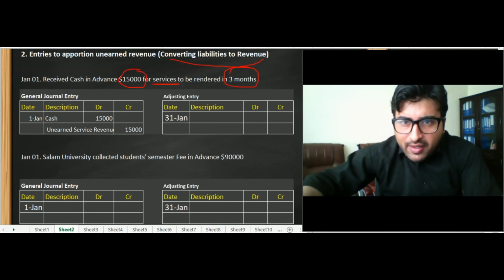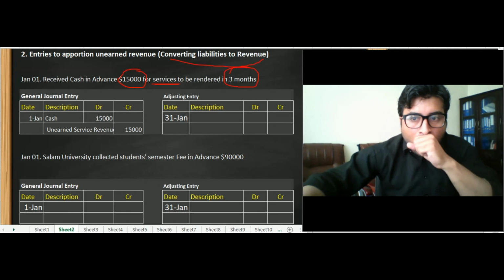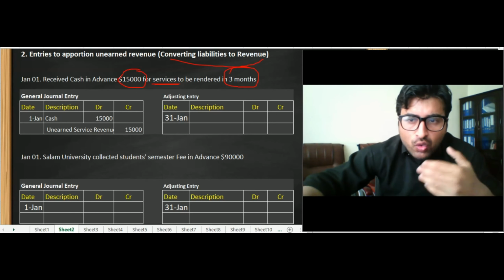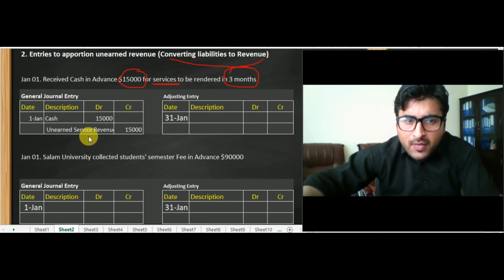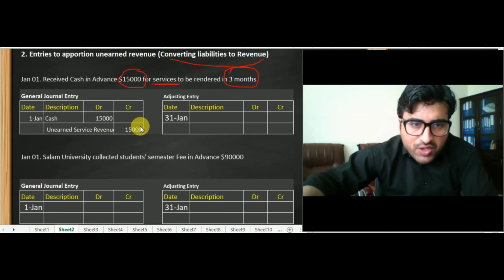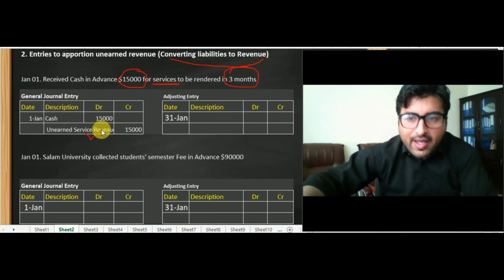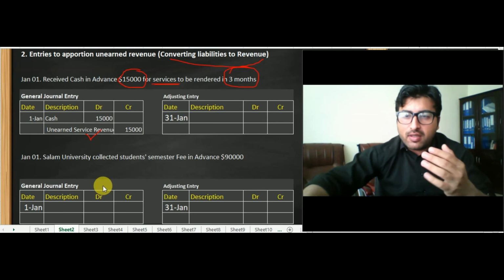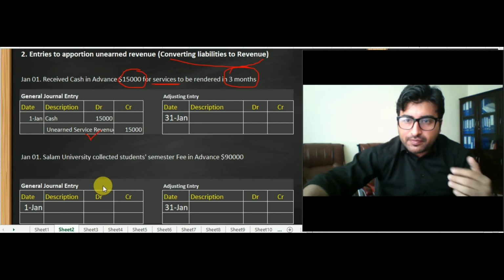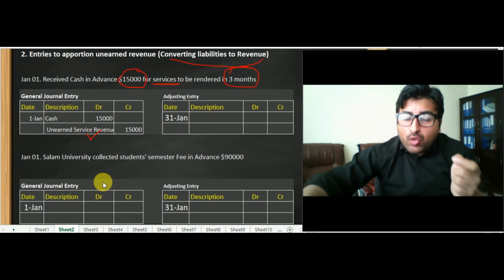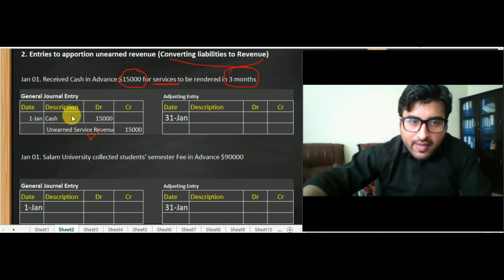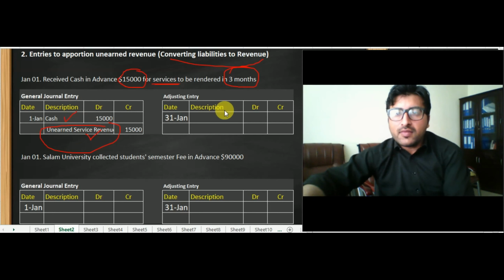So what is this unearned service revenue account? We treat this account as a liability. Why? Because we receive cash here, but we have not yet provided the services. So we increase the cash, and we increase the liability here. Clear?